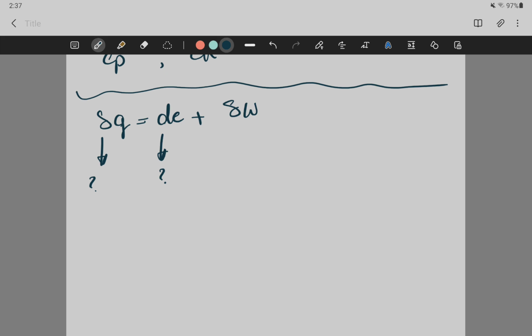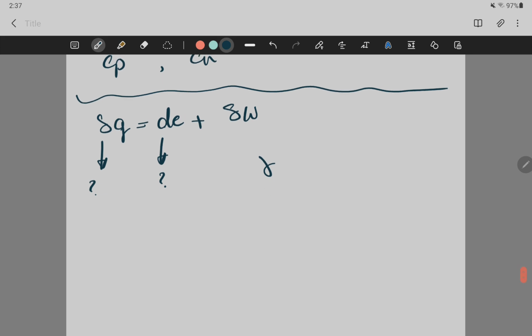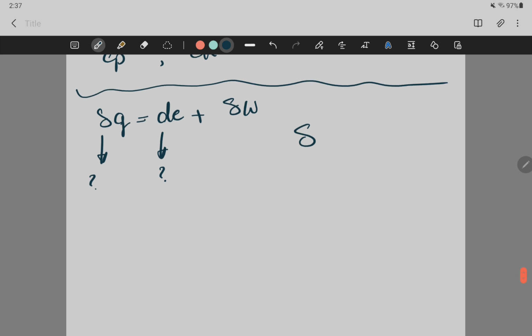Partial versus full. A partial is like this, right? This is a delta compared to a round. That's the Greek letter rho, but delta is different from partial.